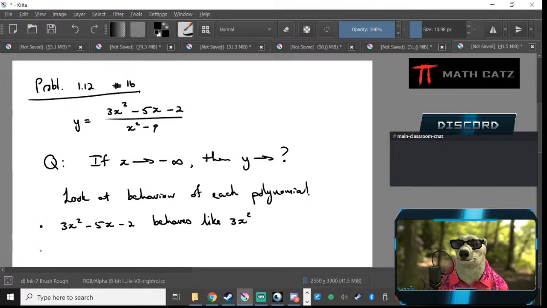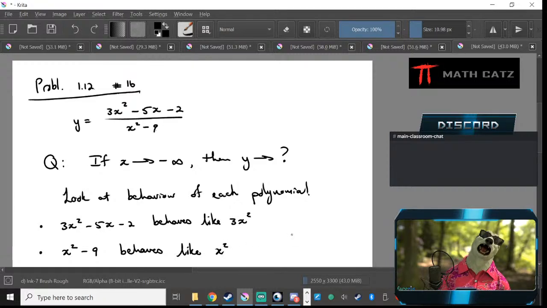Second one, the denominator, x squared minus 9, behaves like its leading term, x squared. And let me just emphasize, I can only say that when I'm looking at the two extremes, x going to positive or negative infinity. Anything x approaching a specific number, that's a whole different question for a whole different chapter that we have to do later. This is only long-term behavior.